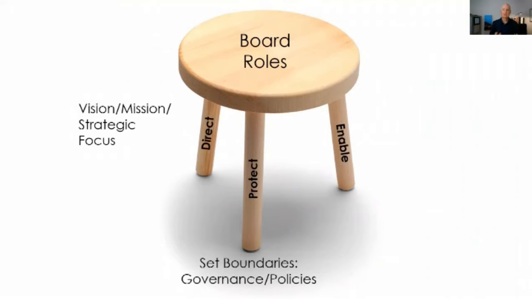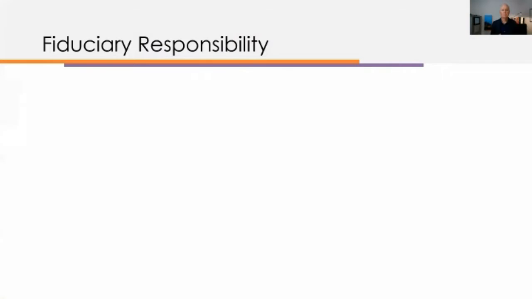Protecting means establishing policies on decision-making authority and financial controls, as well as legal and ethical accountability and performance expectations. Enabling is assuring adequate resources to fulfill the mission, as well as helping advance the interests of the organization. In addition to the three broad categories of roles, boards must conform to a legal concept known as fiduciary responsibility, which we'll explain next.